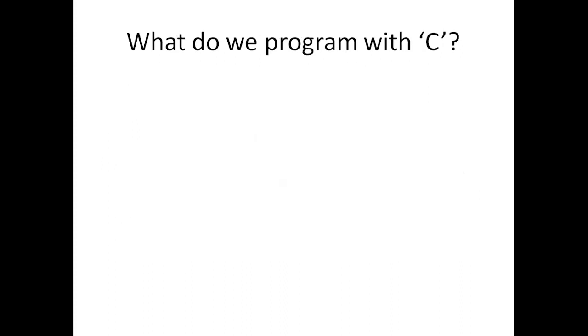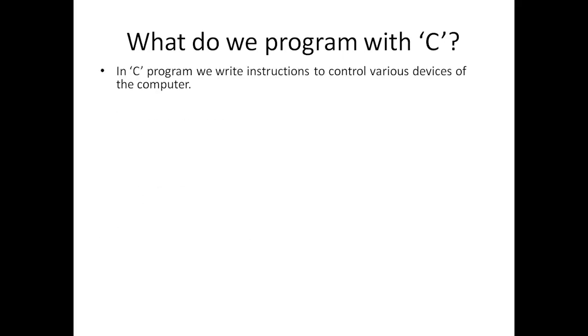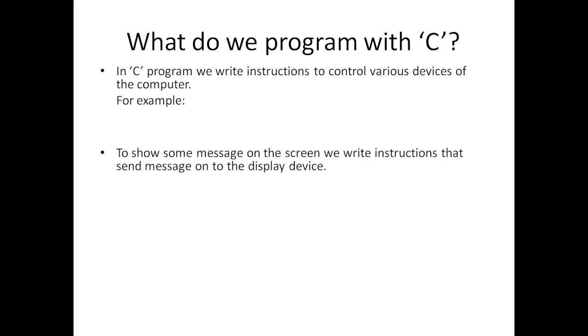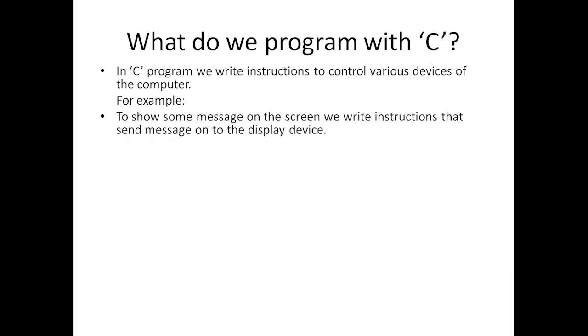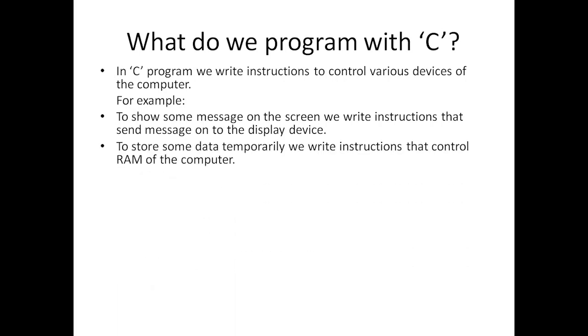What do we program with C? In a C program, we write instructions to control various devices of the computer. For example, to show some message on the screen, we write instructions that send the message onto the display device. To store some data temporarily, we write instructions that control the RAM of the computer.